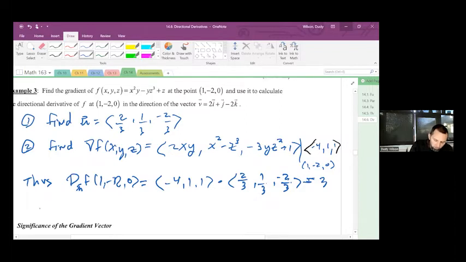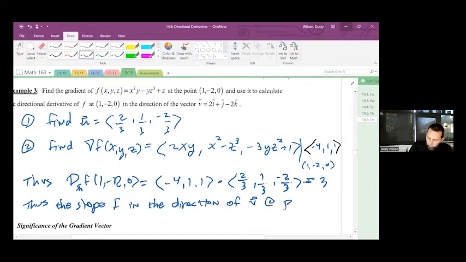So what does it mean? It means the slope of f in the direction of v at the point 1, -2, 0 is 3.